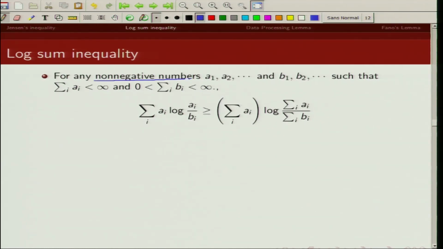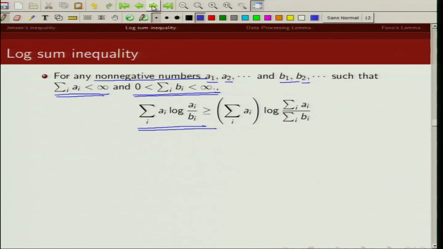If you have non-negative numbers a1, a2, a3, an let us say, and b1, b2, b3, bn, where summation of these ai is bounded and summation of this bi is greater than 0 and again it is bounded, then log sum inequality says that summation of ai log ai by bi is greater than or equal to summation of ai log of summation of ai by summation of bi. So this is basically your log sum inequality.